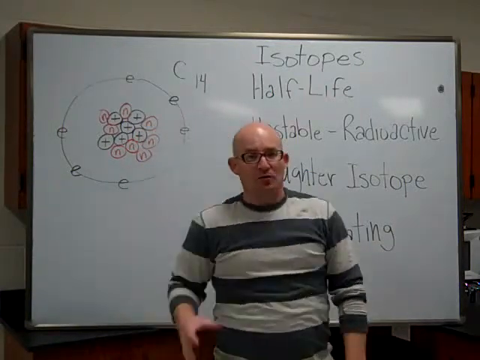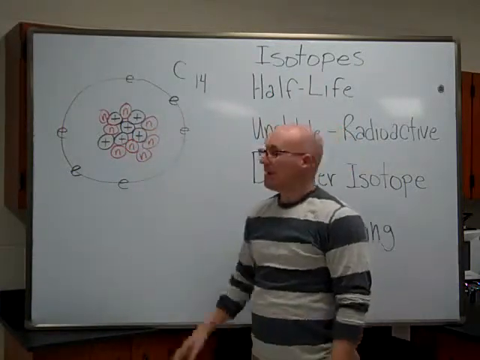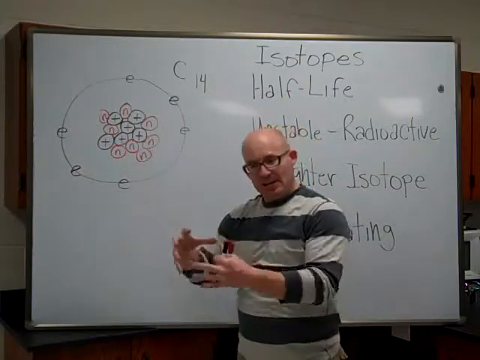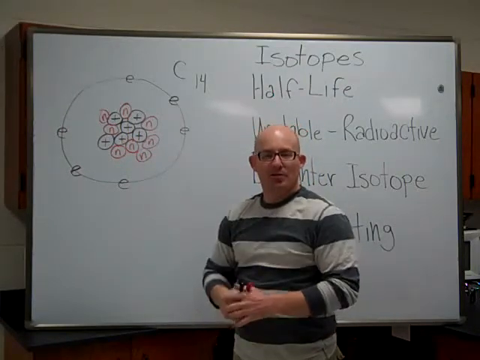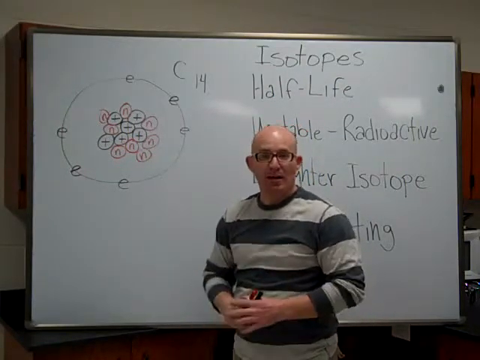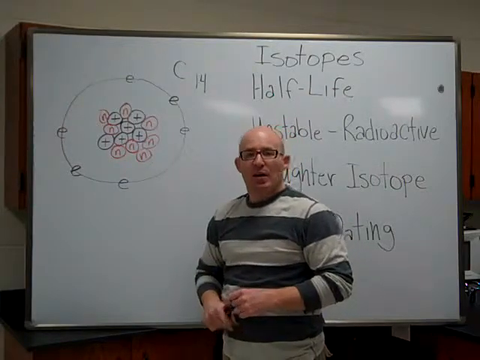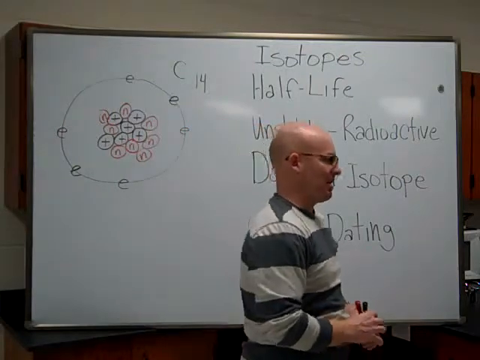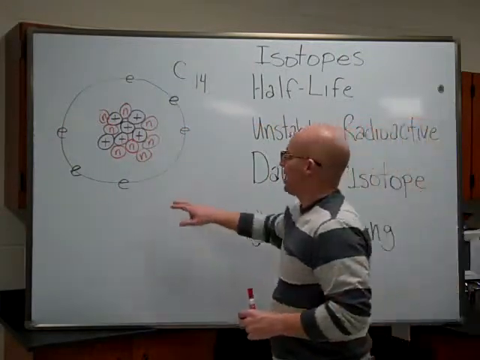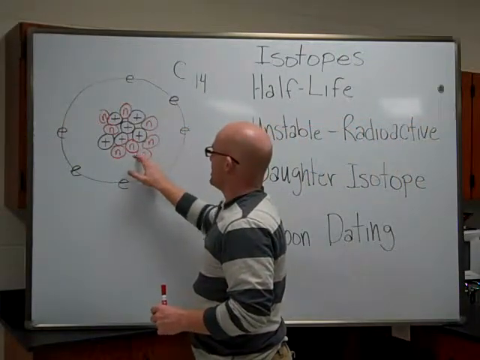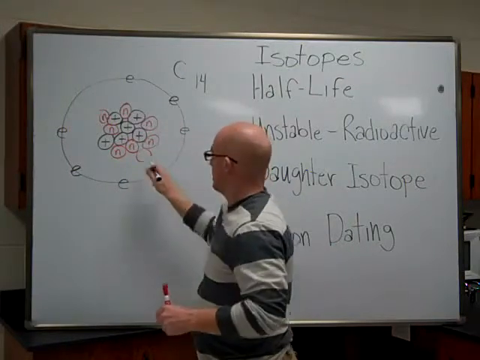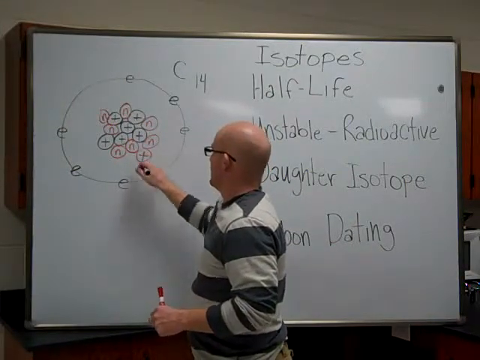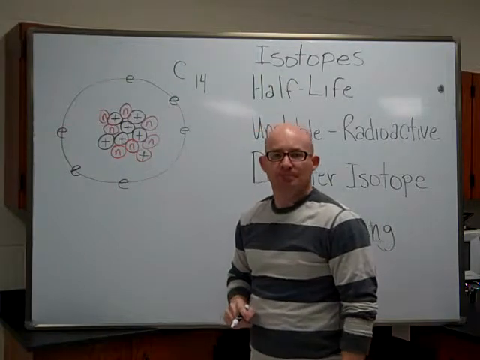Now, when you die, let's say we find a fossil, the carbon-14 that is in that body when the organism dies and gets buried is going to change. What it changes into is nitrogen. How does that happen? It's quite simple. One of these neutrons gets energized and changes into a proton.